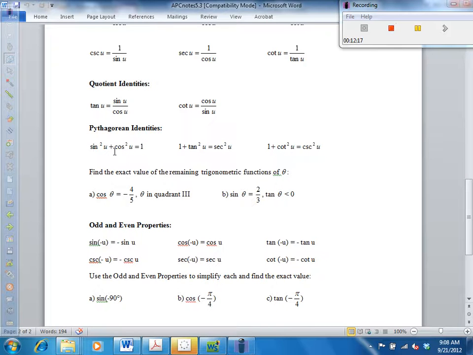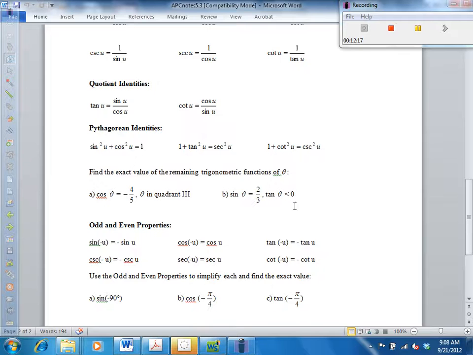This is a very important thing to know. These ones also come out of that unit circle. They're not as evident though, but you are going to be expected to know these, especially in the next chapter. So 1 plus tan squared equals secant squared, and 1 plus cotangent squared equals cosecant squared.